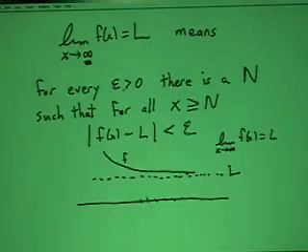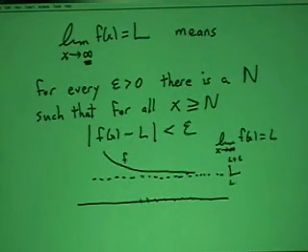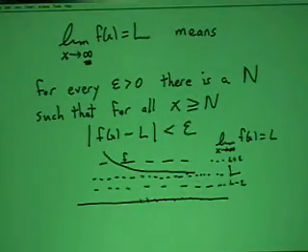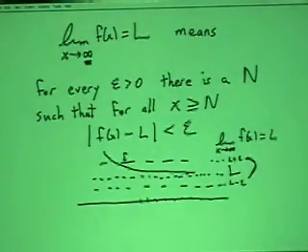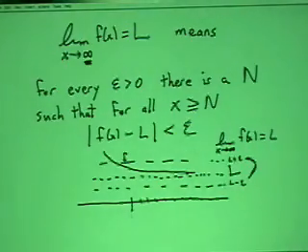For every tolerance epsilon. So you remember how we played this game before. We went L plus epsilon and L minus epsilon, and we built the epsilon strip around L. And so all I'm saying now is that for every tolerance, for any amount of tolerance, distance between these two guys, however close I make this, there is a point of no return, which we'll call capital N. In this case, capital N would be about here.